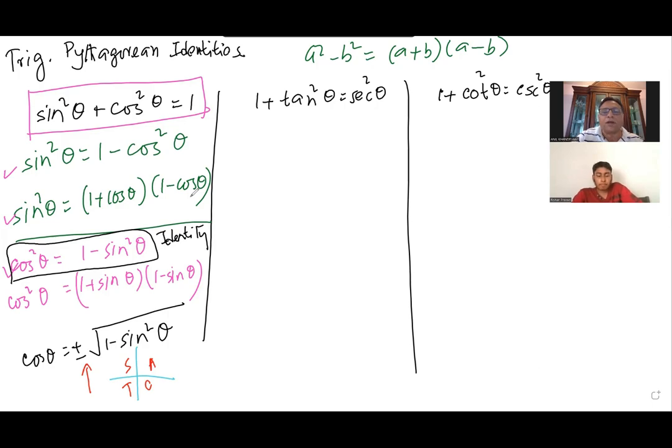Now let's look into the second Pythagorean identity, 1 plus tan square theta equals secant square theta. Now, I could write this as 1 equals secant square theta minus tan square theta.